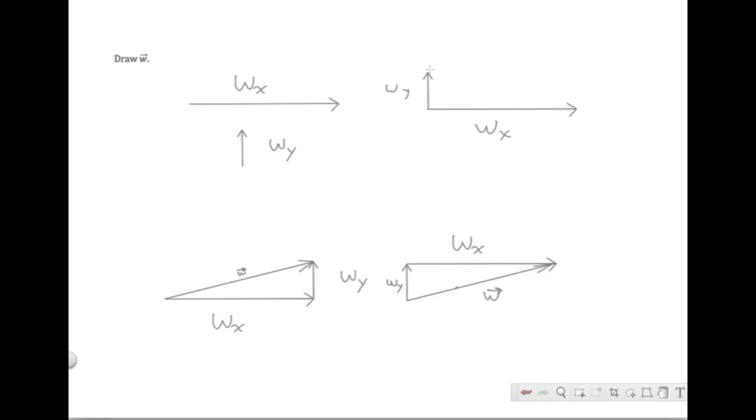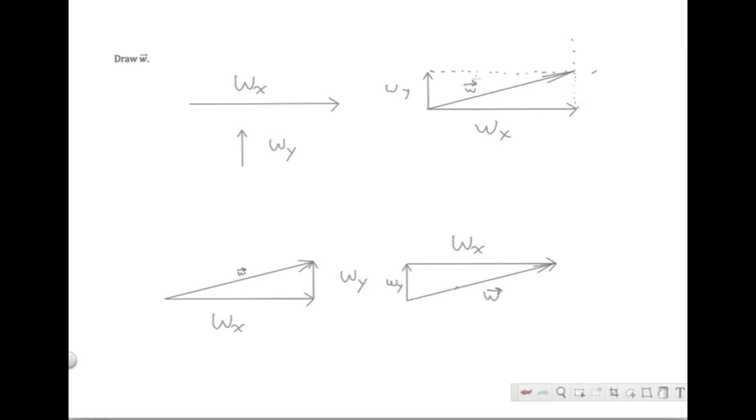Then we could draw another line here parallel to the wx vector, and another line here parallel to the wy vector. And that rectangle that we formed, the diagonal of that rectangle would be w, and the components point up and to the right, so w would point up and to the right. We could say that this is the w vector.